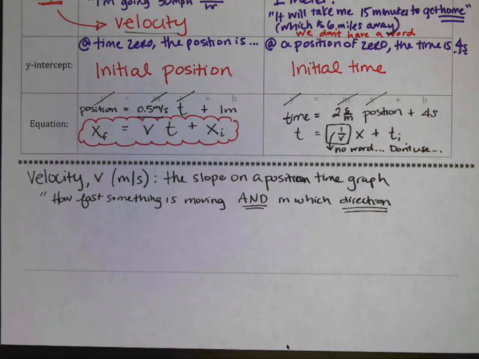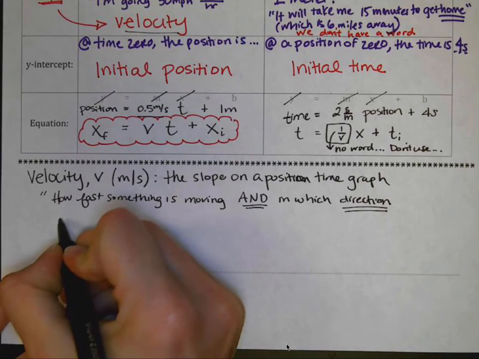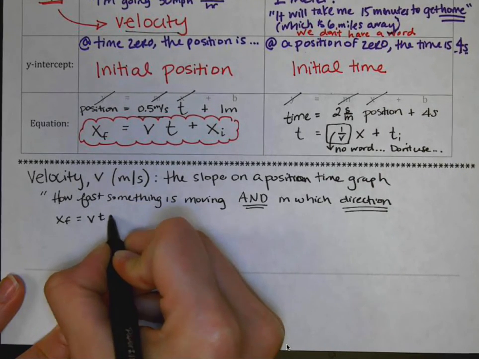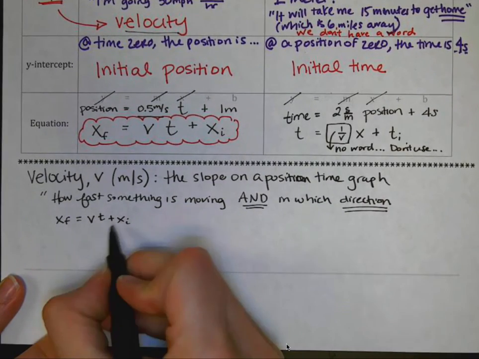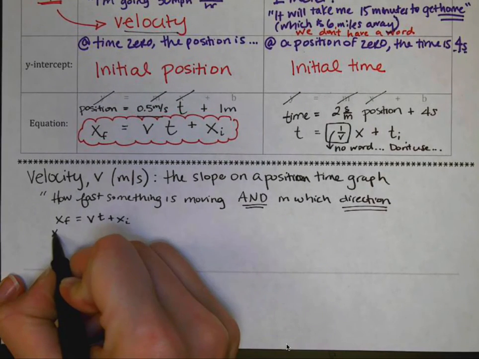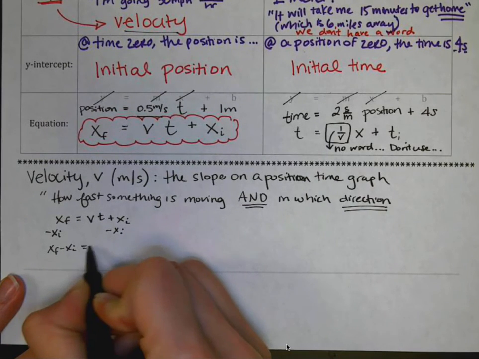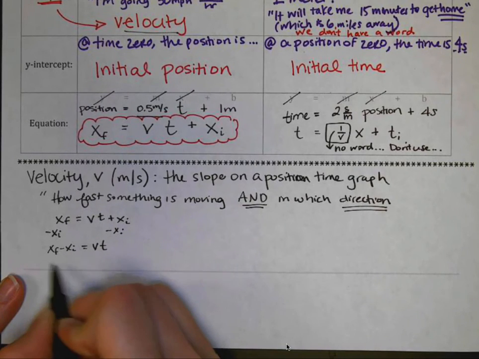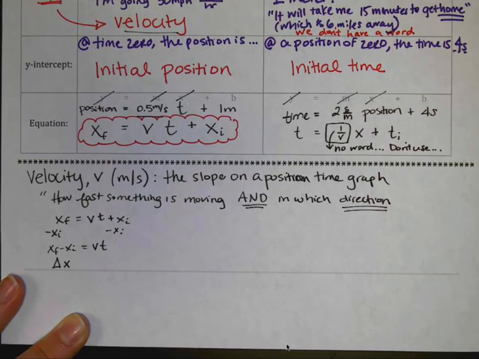If you want an equation as a definition for velocity, we can look above at our equation over here and solve for V. So if I use that xf, or x final, position final is equal to velocity times time plus xi. To solve for V, making it an equation definition, I can subtract over initial position, so that gets me final position minus initial position equals V times t. In other classes, you usually abbreviate this xf minus xi with a delta x, talking about the change in position.